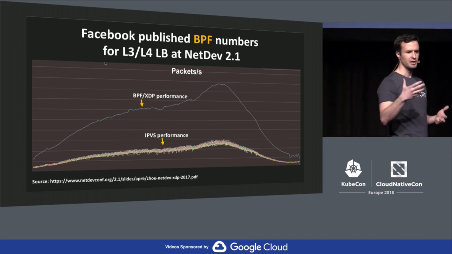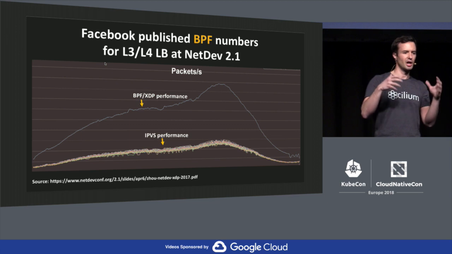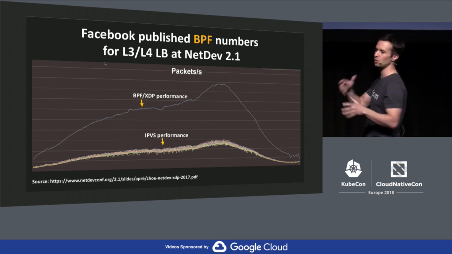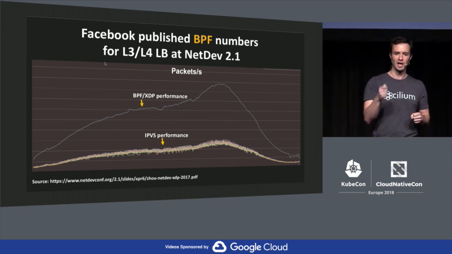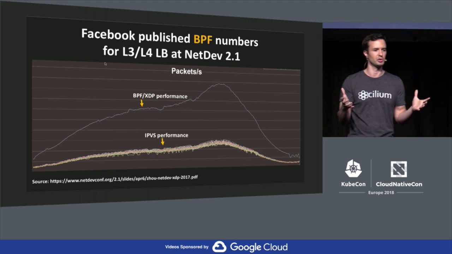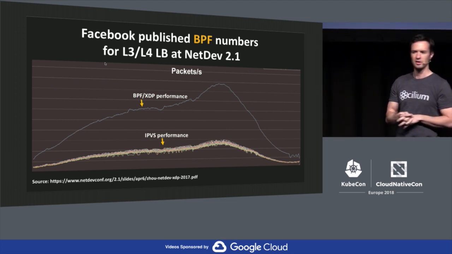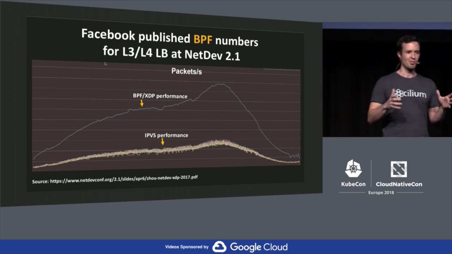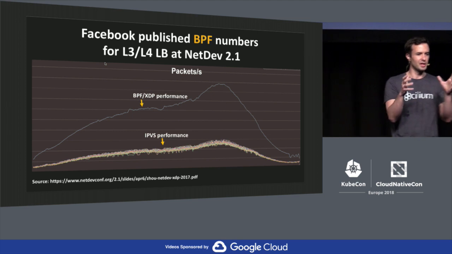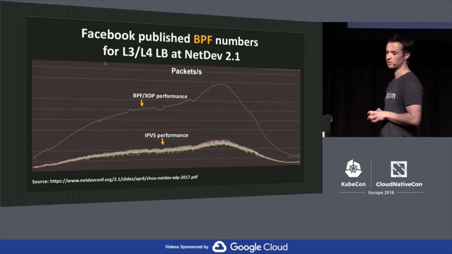So BPF is capable of programming the kernel, but then the kernel will, on the fly, take software instructions and compile them into what the CPU understands. So it's almost like you would recompile the kernel on the fly and reboot it, but without actually rebooting it. So you can kind of modify the behavior of the kernel, and you can do this in a safe way. Amazing, isn't it, right? And this power is being used in this example for load balancing.